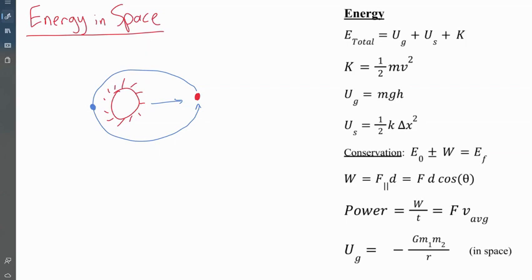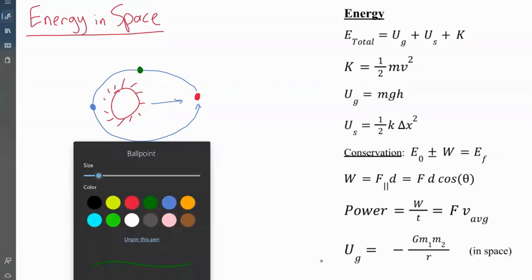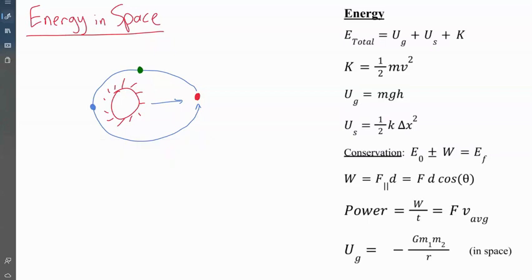So we start with our planet way over here. Let's say we'll start at the red dot. As we move from the red dot to the green dot, our planet is getting closer to the sun.